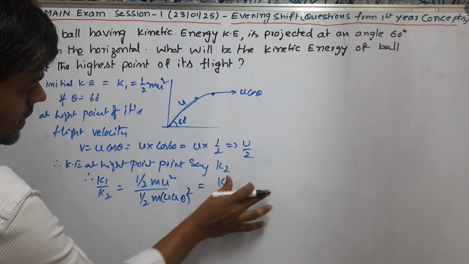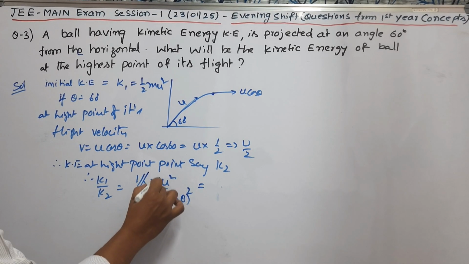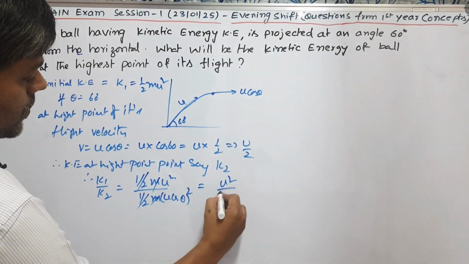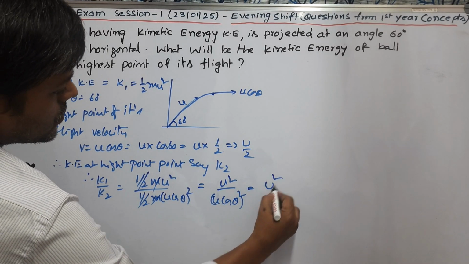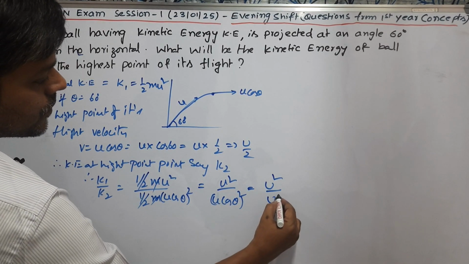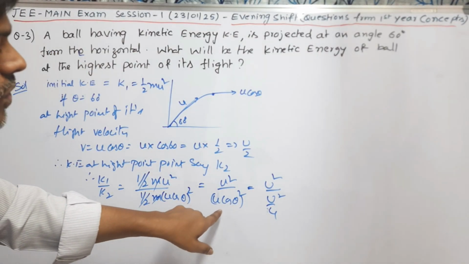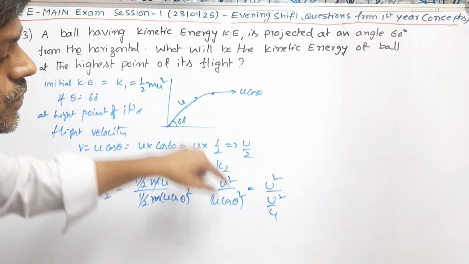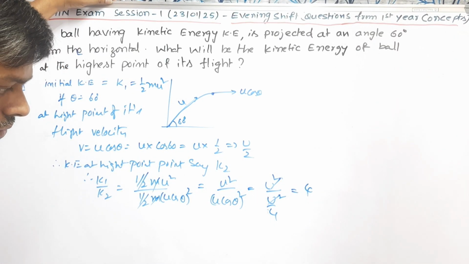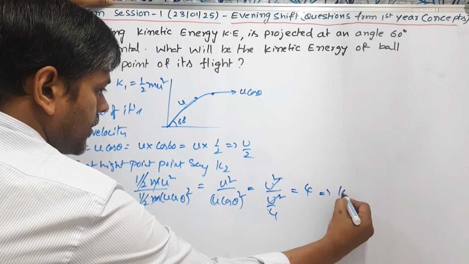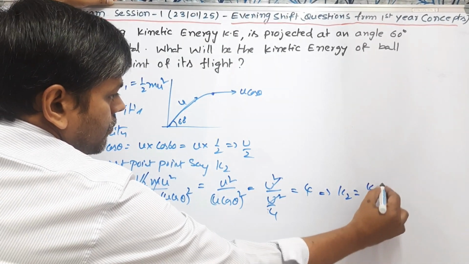Half and m cancel, so the remaining is u square by (u cos theta) whole square, which is u square by (u by 2) square, that means u square by u square by 4. Cancelling, it equals 4. That implies K2 is equal to K by 4.